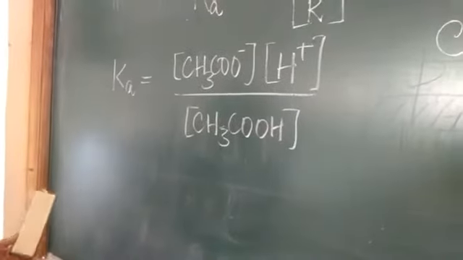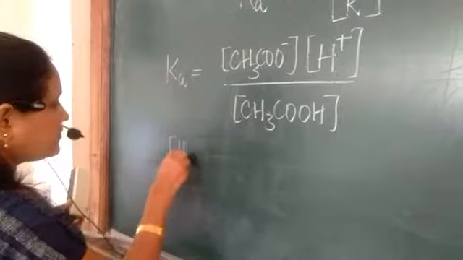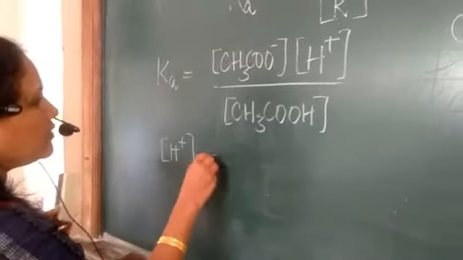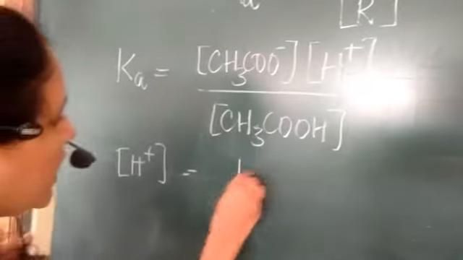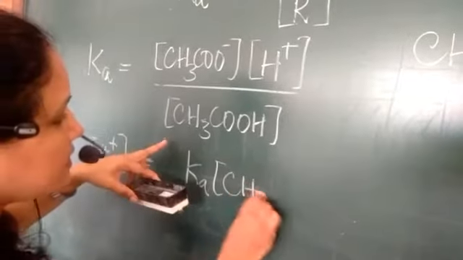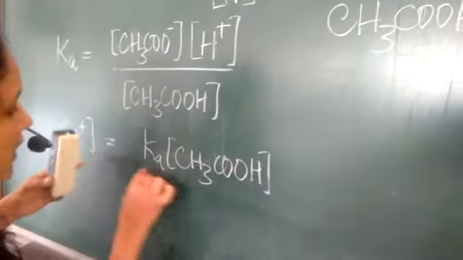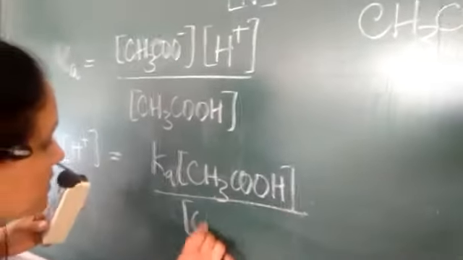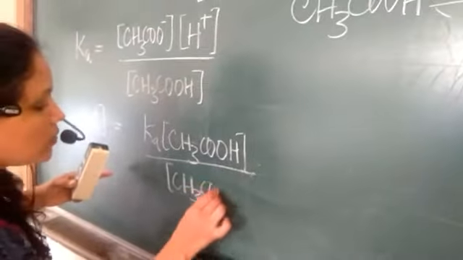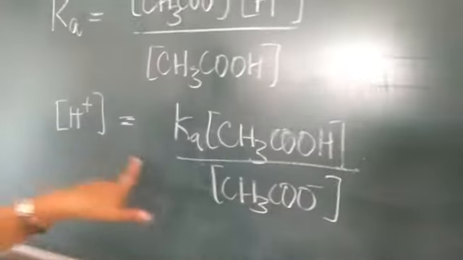Now, I will rearrange the equation. I will take the H plus to this side. Ka into CH3COOH divided by CH3COO minus. Now I have got this expression.